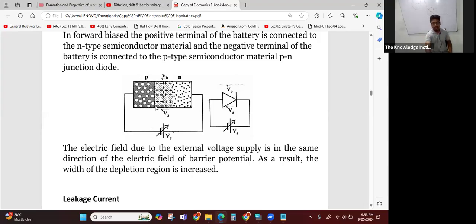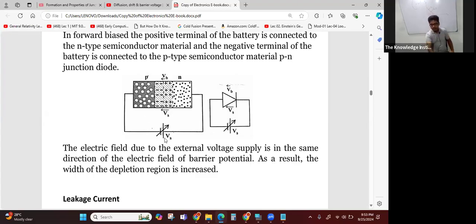Now we know the depletion region occurs due to the movement of holes and electrons. As soon as we connect the p-type and n-type semiconductors, the depletion region is built due to the diffusion of holes and electrons, and they recombine, right?